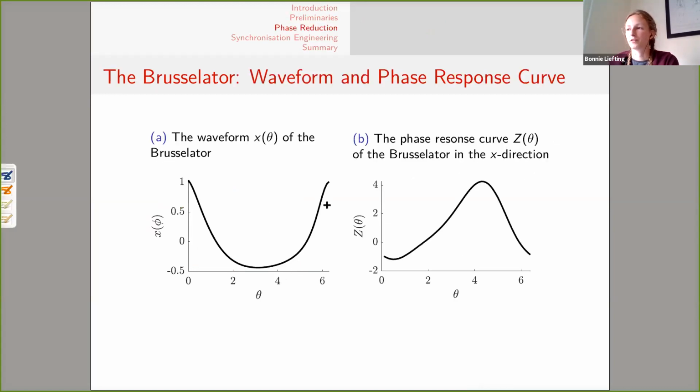And then the other thing we need is the phase response curve, which is what I just explained. So at this phase, a perturbation in the x direction is not changing the phase, and here it's not either. And in all of this area, it's changing the phase forward, and here it's going backwards.